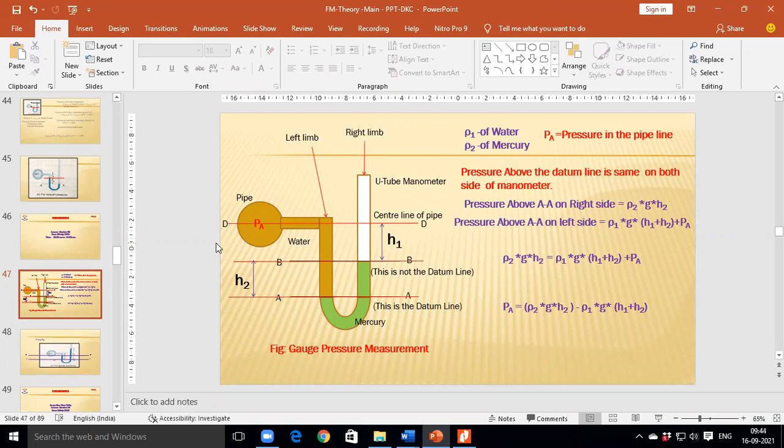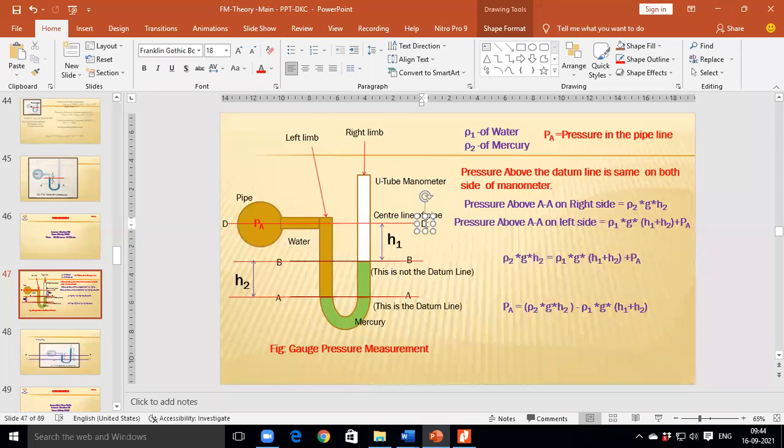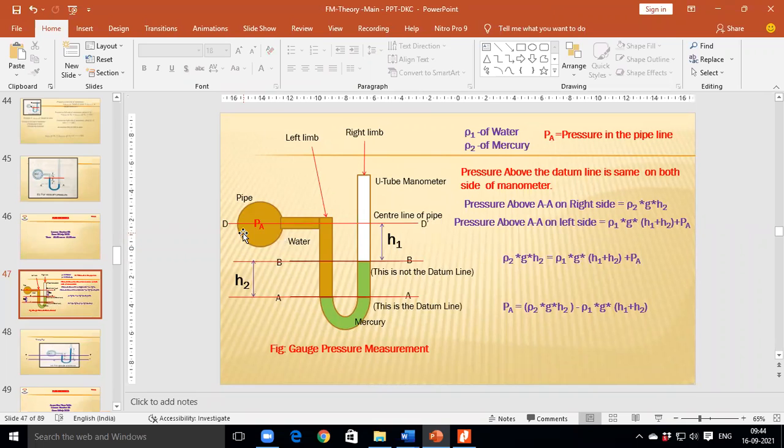This line passes through the center of the pipeline. Line D is passing through the center of the pipeline. This circle represents the pipe. The center point of this pipeline and the line passing through that center point is represented as DD dash. DD dash represents the line passing through the center of the pipeline.